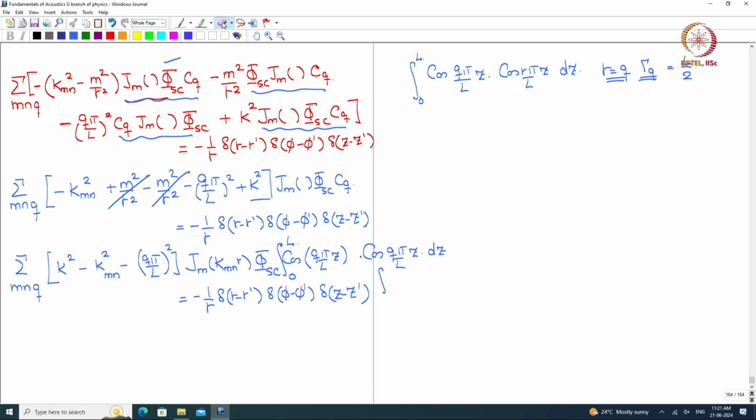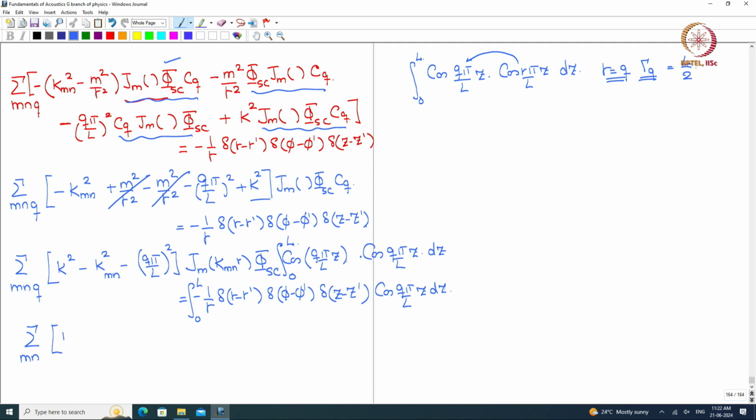So we do the same on this side, integrate from 0 to L, multiply by cos q pi by L into z dz. That results in sigma mn, q is gone because we have selected one, the r and q have to be the same.